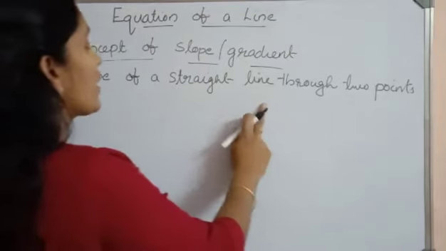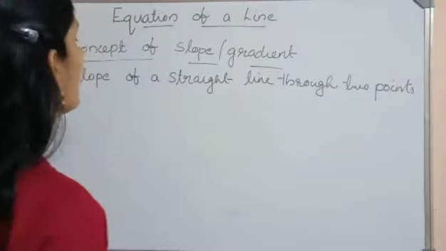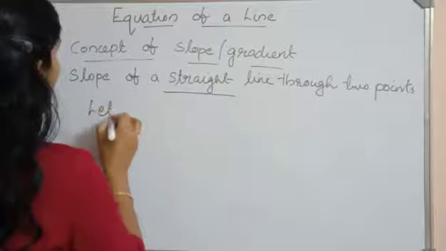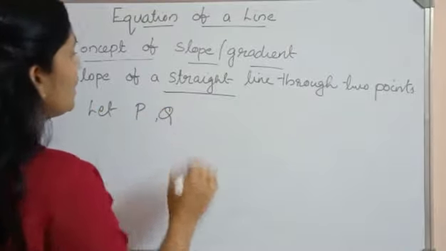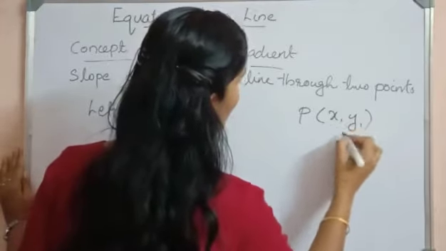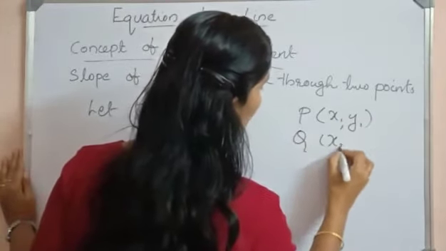The slope of a straight line through 2 different points. So, let P and Q be any 2 points with the coordinates x1, y1. P is x1, y1 and Q is x2, y2.